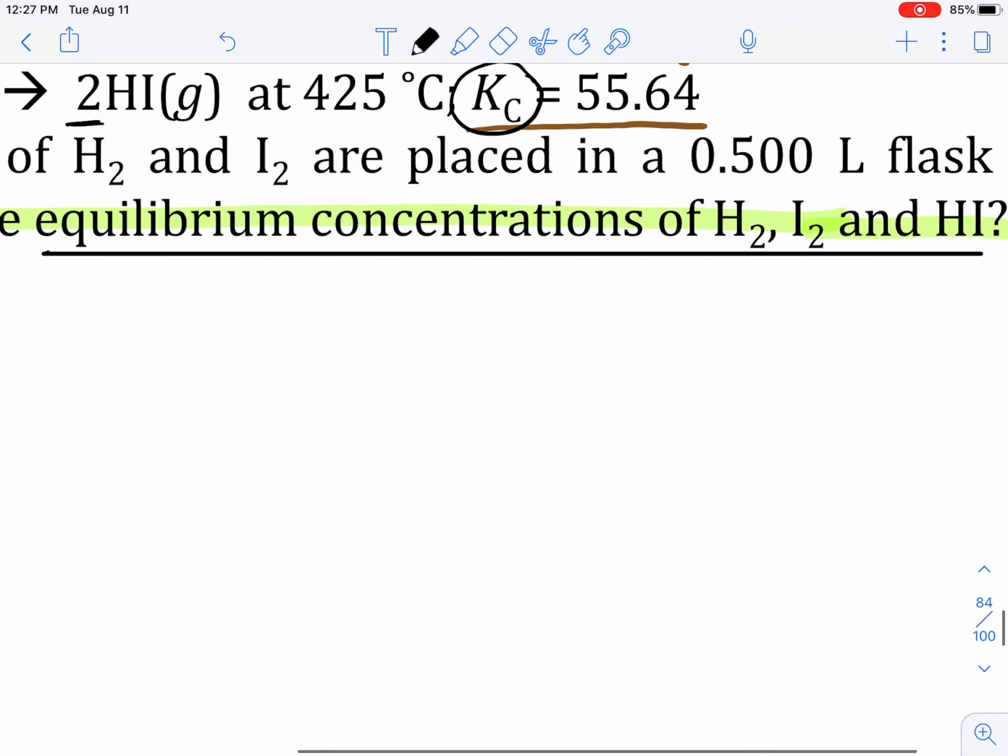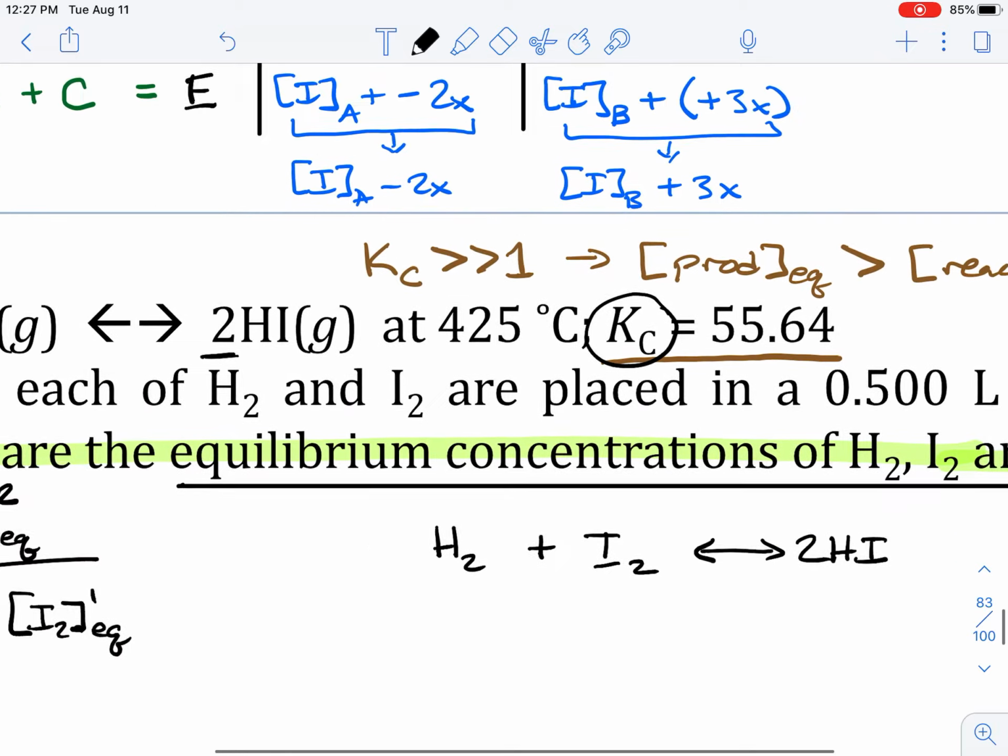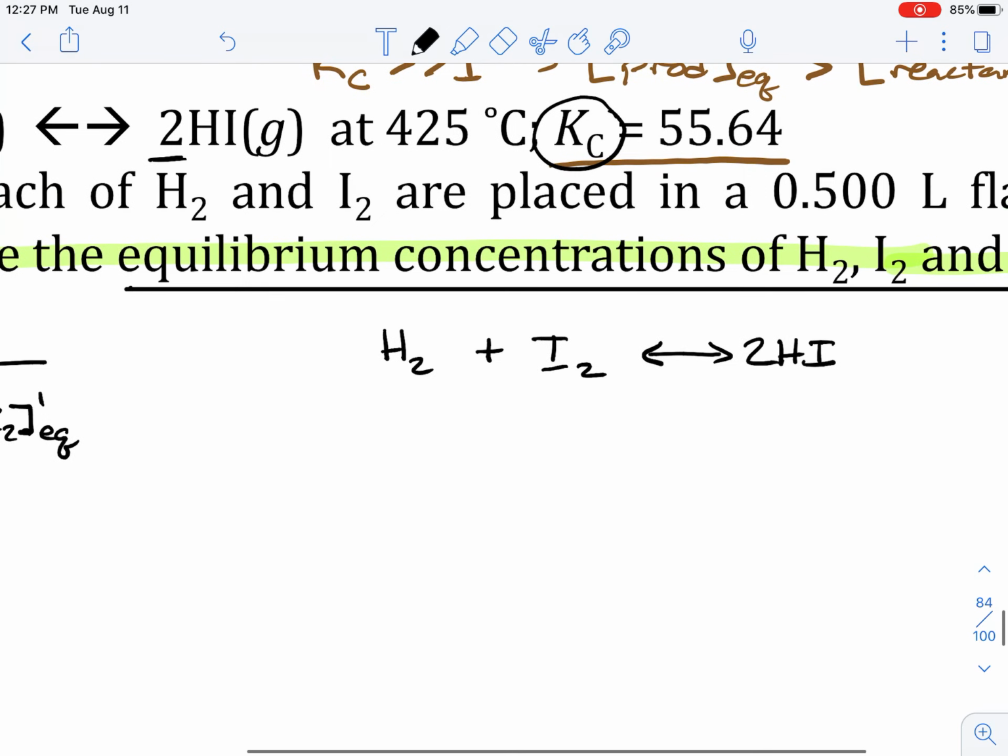And so I'm just going to go ahead and rewrite my balanced chemical equation. Okay. So make sure that you guys are including the substance and the coefficient. And when you guys are building the mass action expression or the ice table, make sure that you guys are ignoring all the solids and liquids.